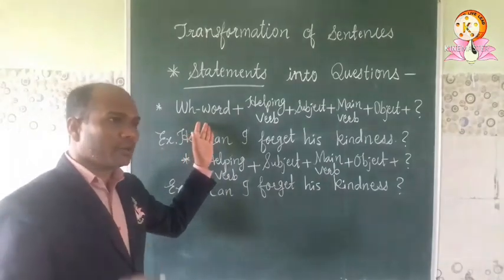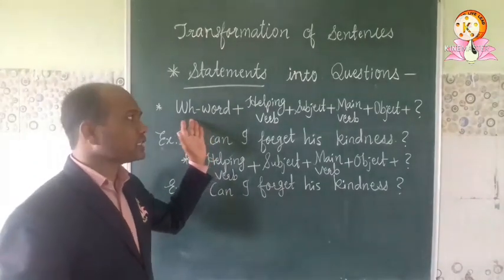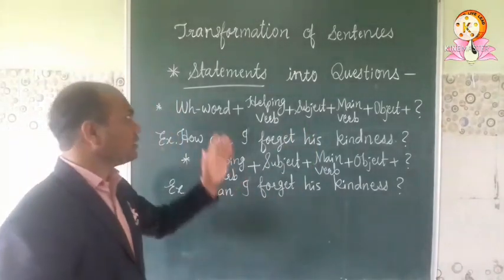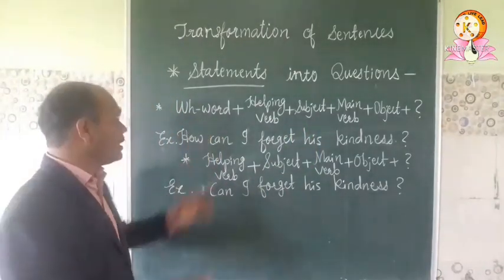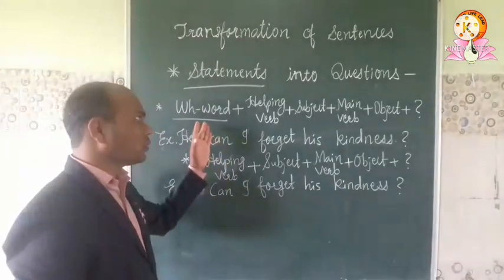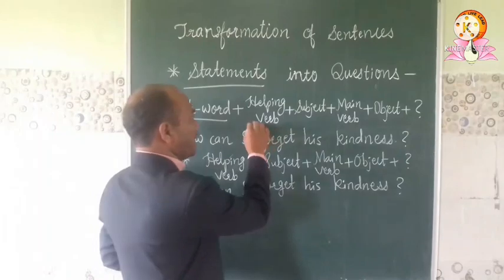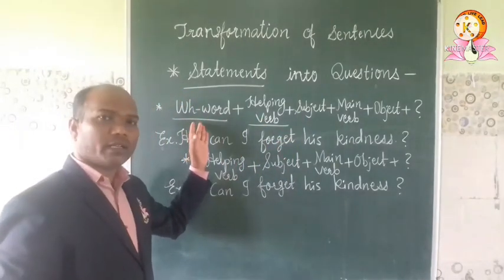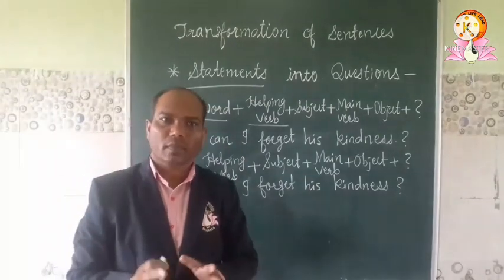Here we can make WH question with the help of such a construction or the formula or the structure. First we have to use here WH word. After using the WH word, we can use here helping verb according to the subject. First WH word. Which are the WH words?